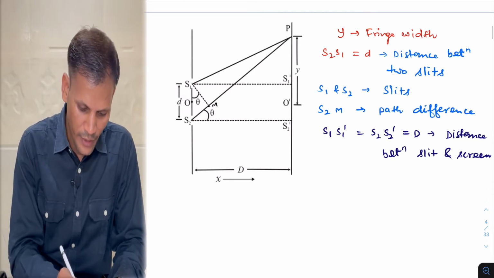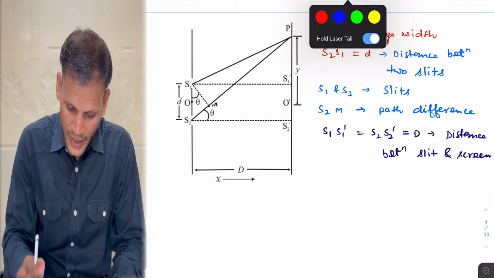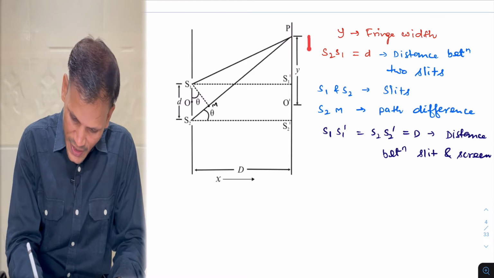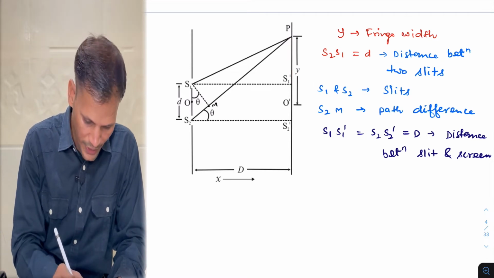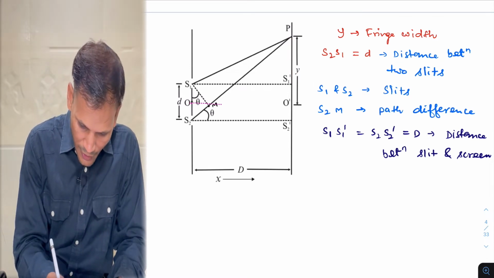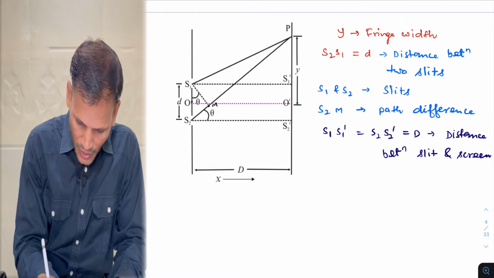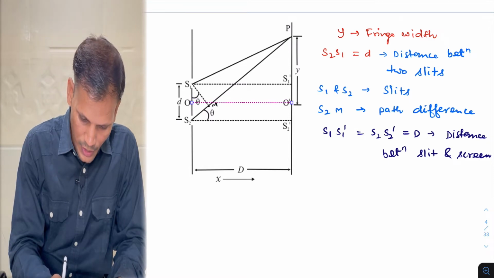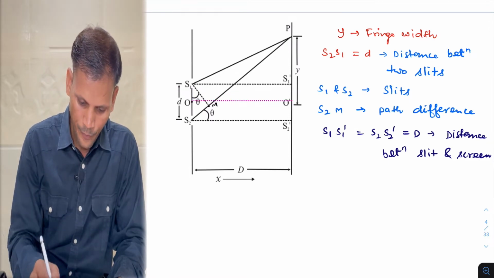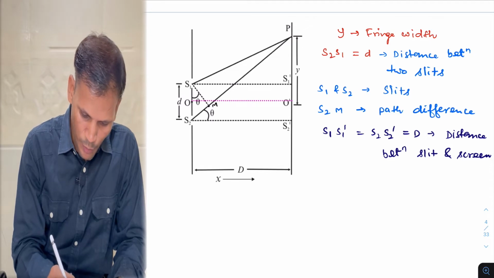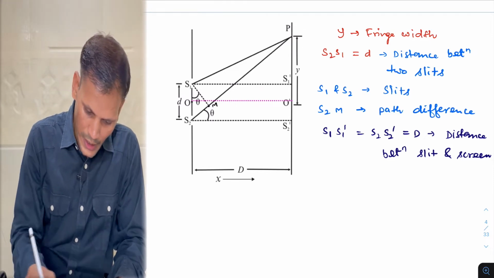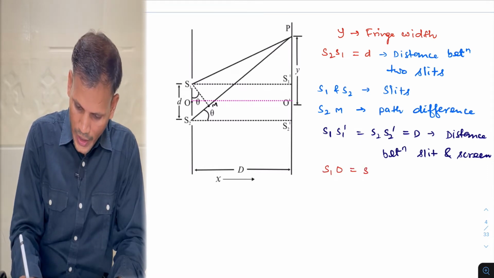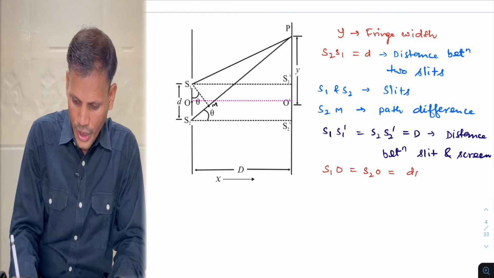So few terms are there. If this distance is y, I will draw this very small line. I can say this point is O, so I can write S1O equals S2O equals d by 2.